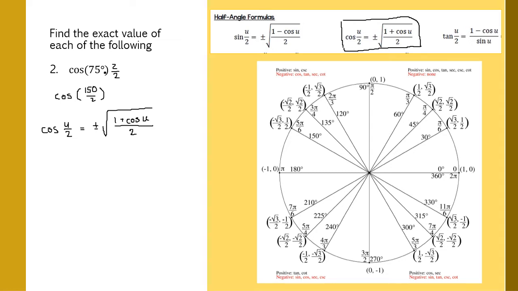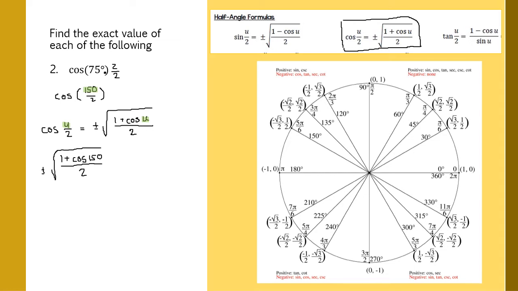In my instance, the u, the numerator of this half angle, is the number 150. So this will be plus or minus the square root of 1 plus the cosine of 150 degrees specifically, all over 2.